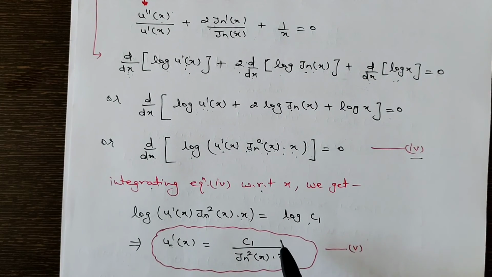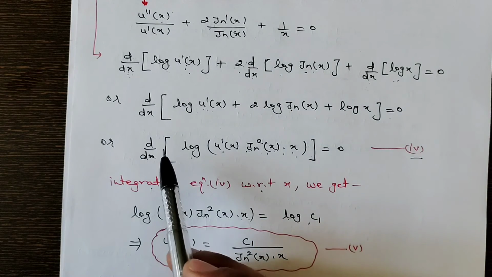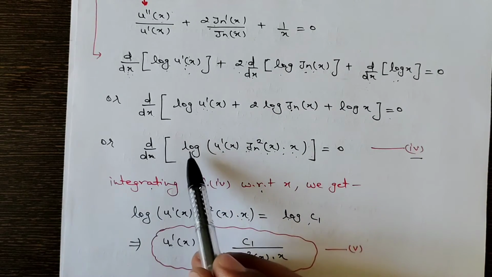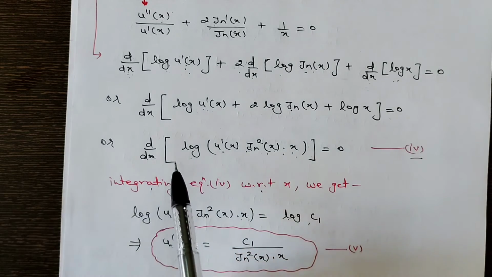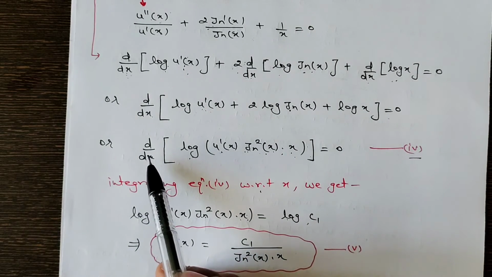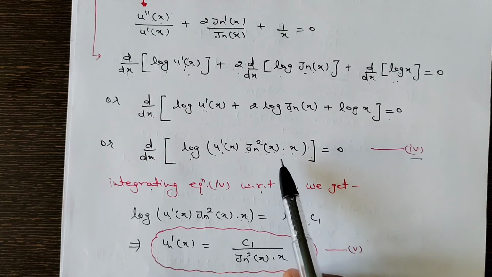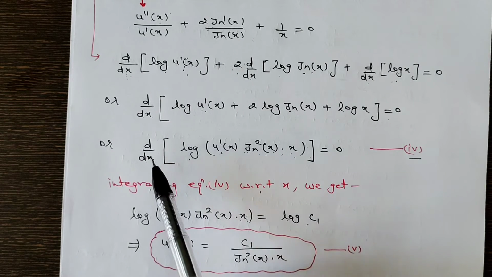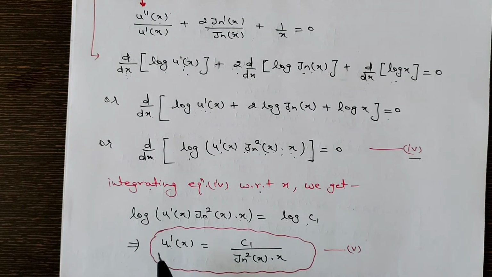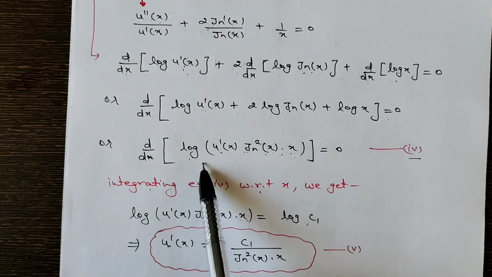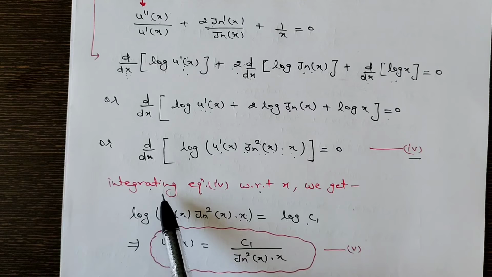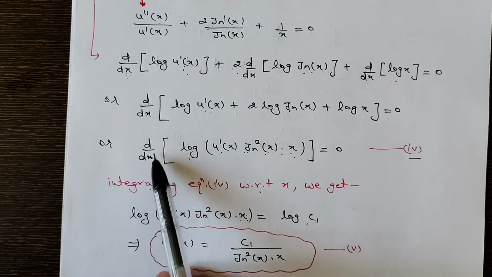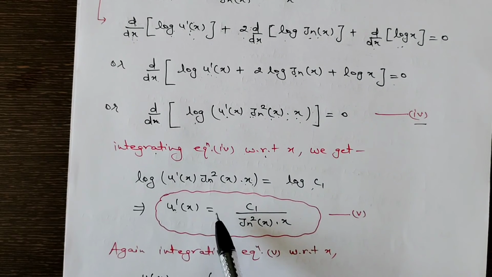Clear? So the equation third is actually represented in the form of a differential equation, or in the form of an equation which contains the differential operator like this. In the next step, after getting this equation, we can integrate this equation with respect to x, so that this differential operator is eliminated or removed from here.